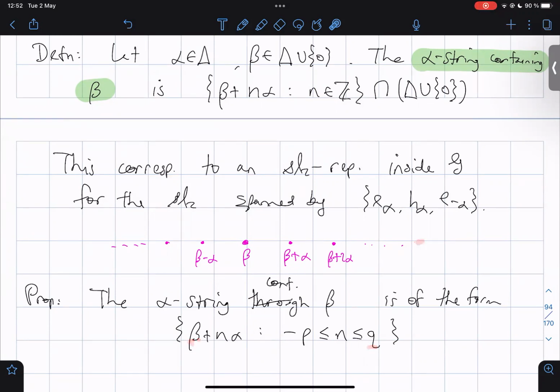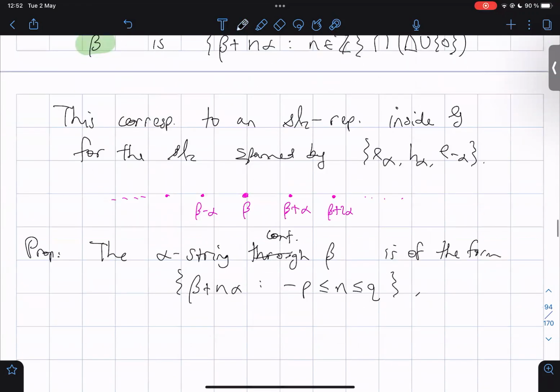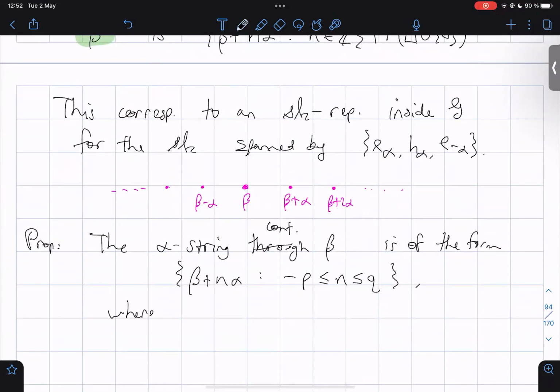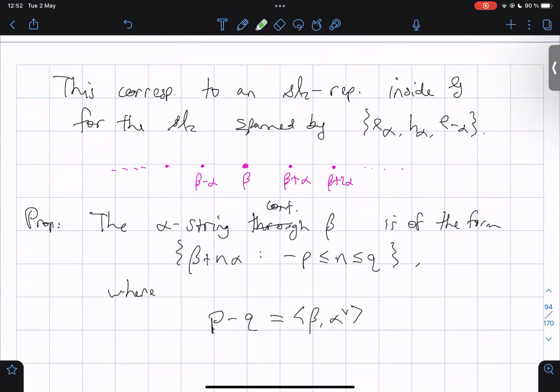And then you also go in the negative direction, the most negative one being beta minus p alpha. From these two extremal ones, you have all the ones in between. There are no holes, nothing missing, where p minus q is this magic integer in the crystallographic condition.